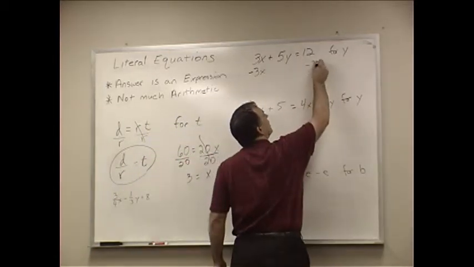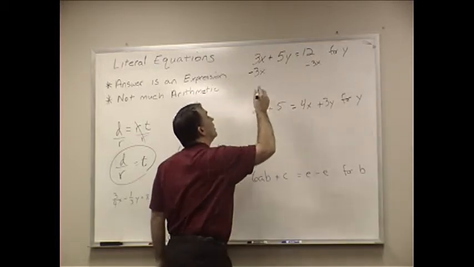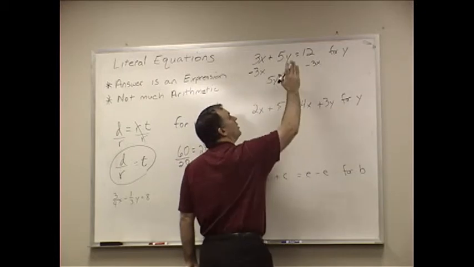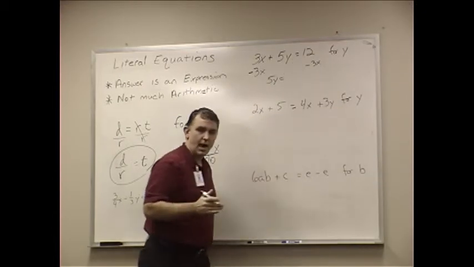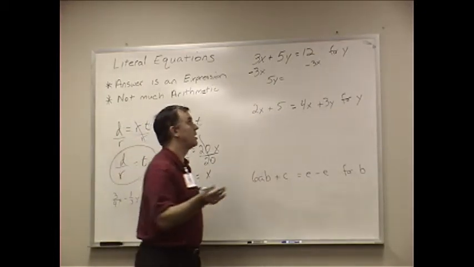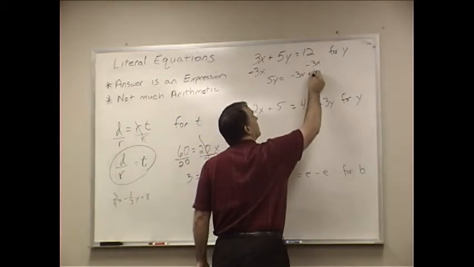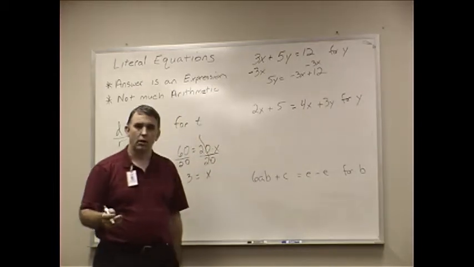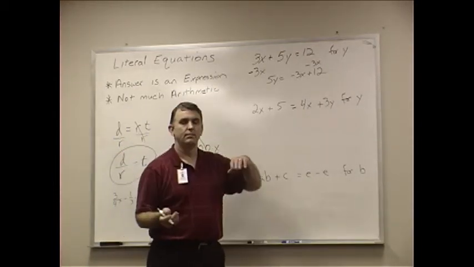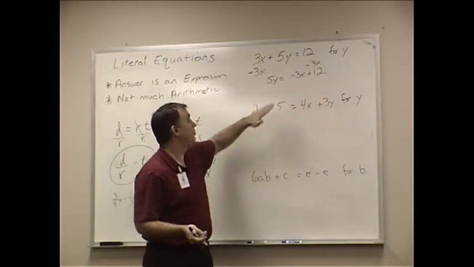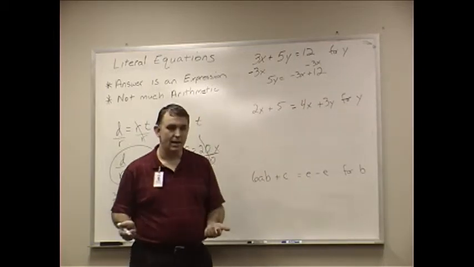So I'm going to write minus 3x over here, and that gives me 5y equals, now you can write 12 minus 3x, or you could write negative 3x plus 12. Many of you have gotten in the habit of writing the variable first, so we'll do that. So we've got 5y equals negative 3x plus 12. How do we get the y by itself?